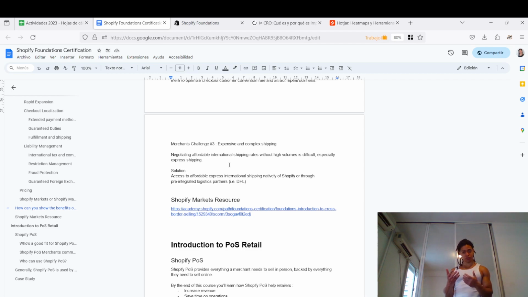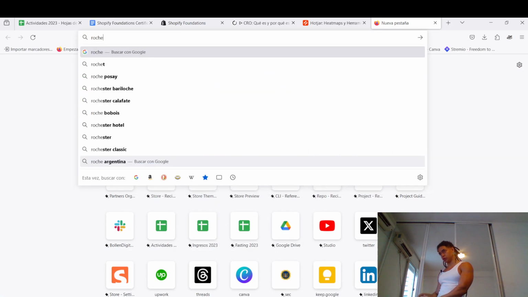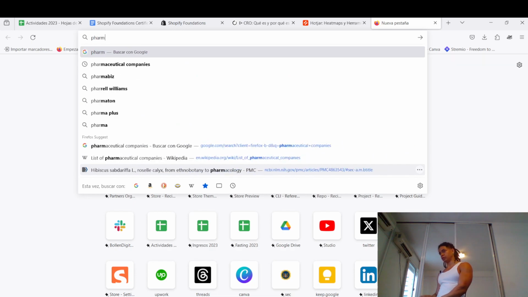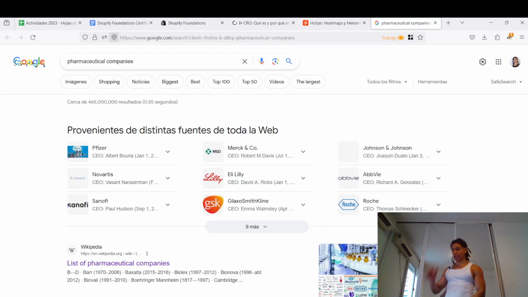Roche, Johnson and Johnson, Novartis, GSK, GlaxoSmithKline, Pfizer.